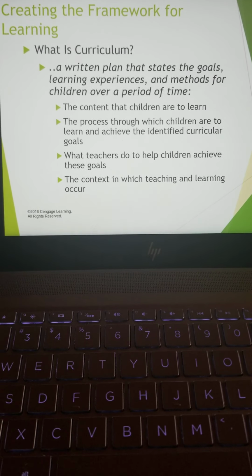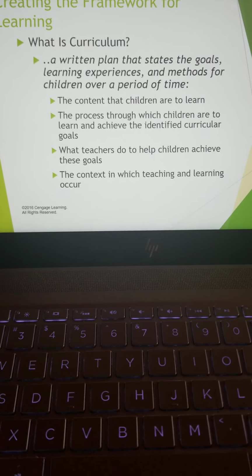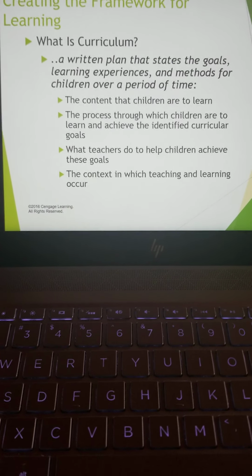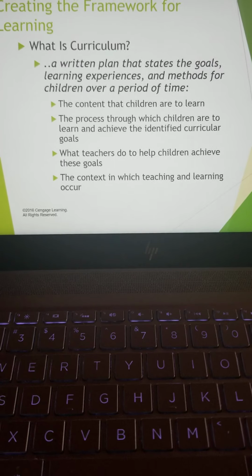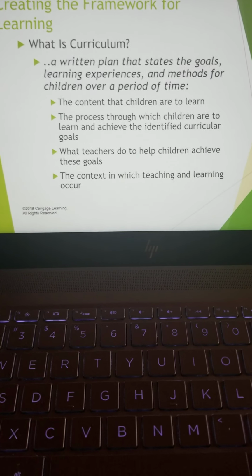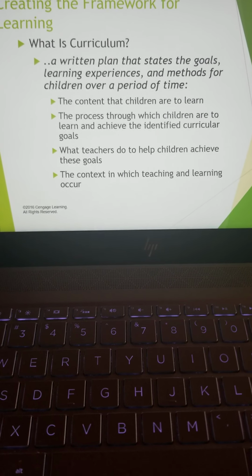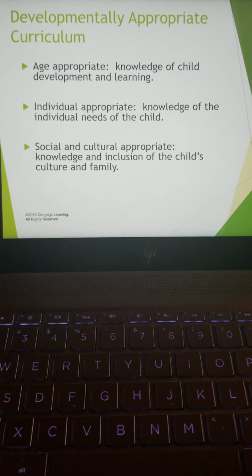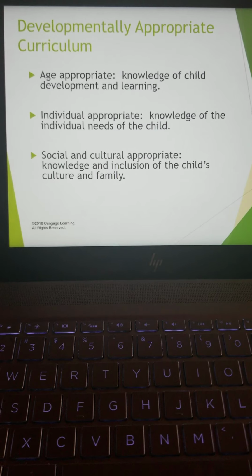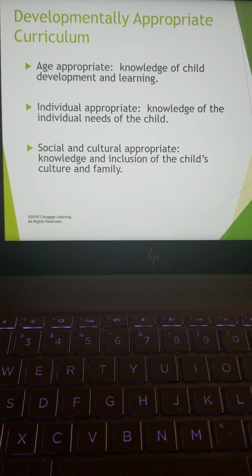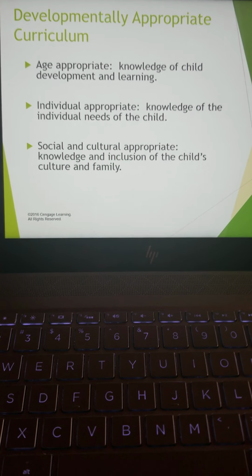A review of what curriculum is given in this chapter, and we know that it is a written plan that states goals, states experiences, and ways for children over a period of time. Developmentally appropriate is something that is very important to learn, to memorize, to have an understanding of.